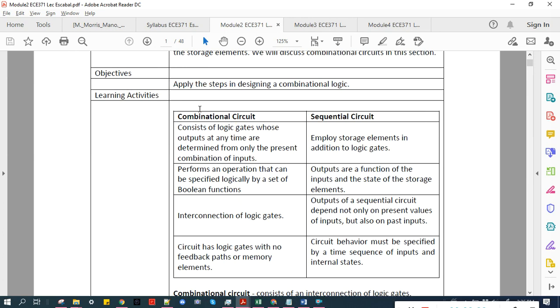In combinational circuits, the components are logic gates whose output at any time are determined from only the present combination of inputs, while for sequential, they employ storage elements in addition to logic gates. So this is the key word for sequential circuits. They have storage elements. Aside from the logic gates that is also present in combinational circuits, they have additional storage elements.